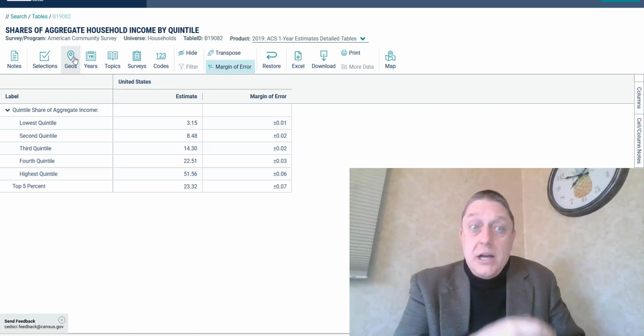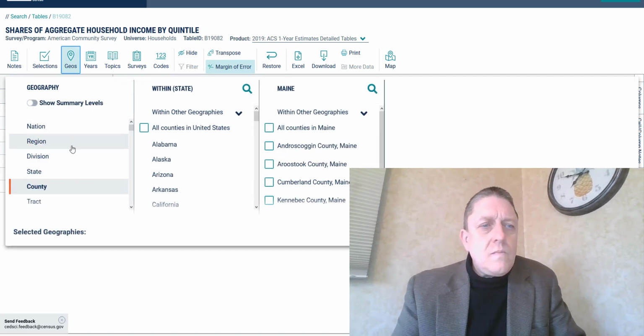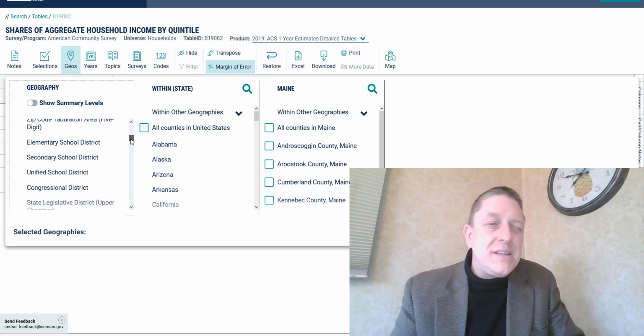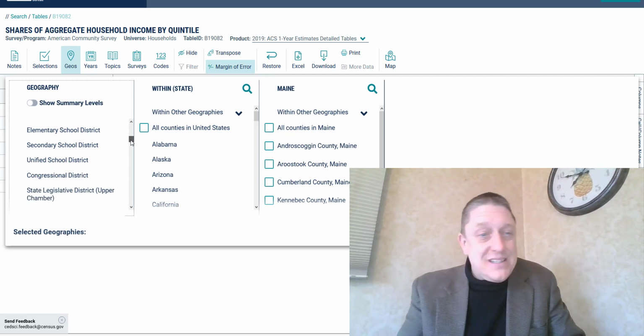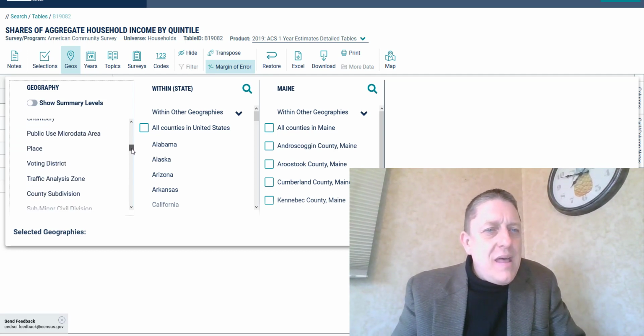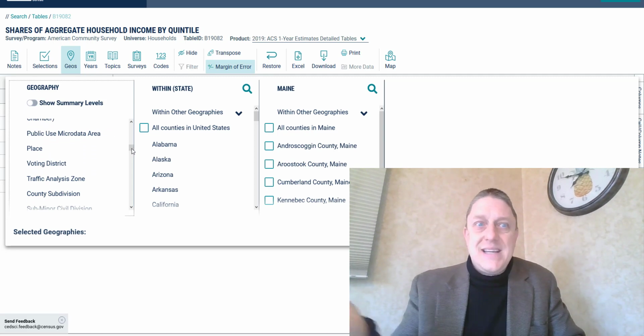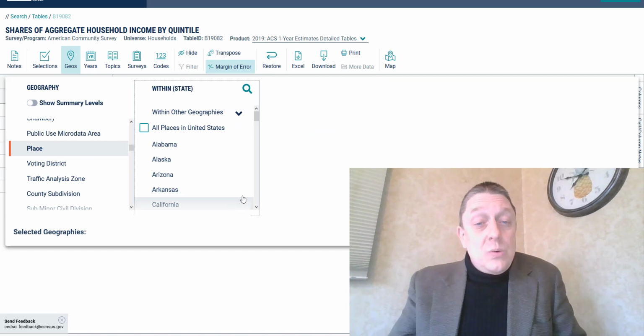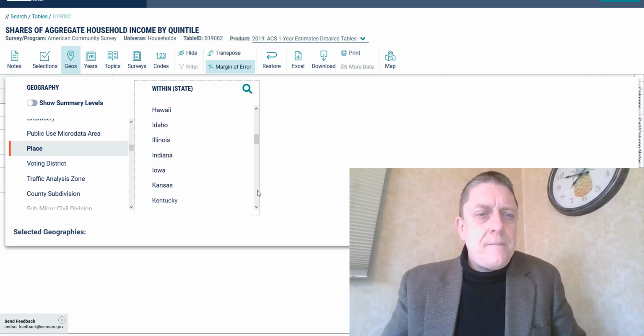And if I want to look at geographies, not counties, but I could scroll down, tracts, no, zip codes, no, elementary school districts, no, I want to look for a particular place, like a town. Why not use place?